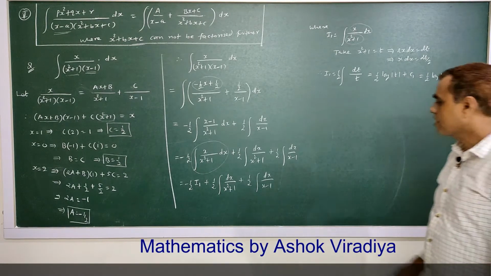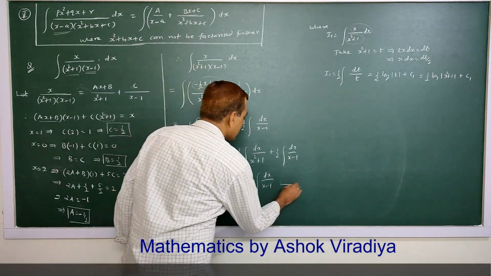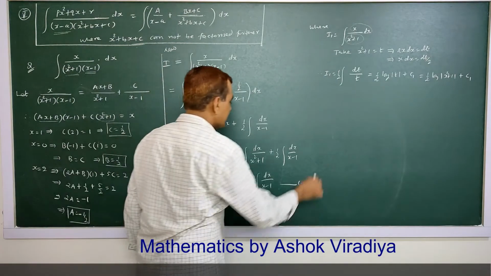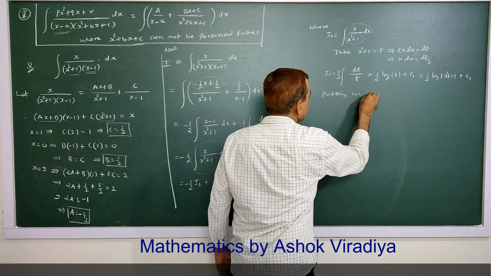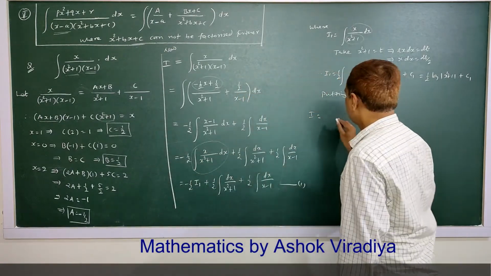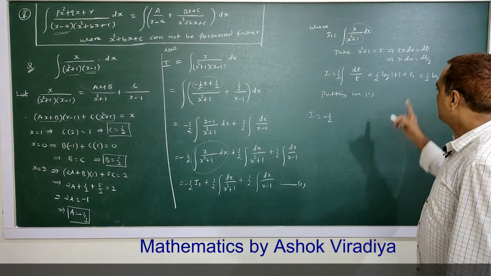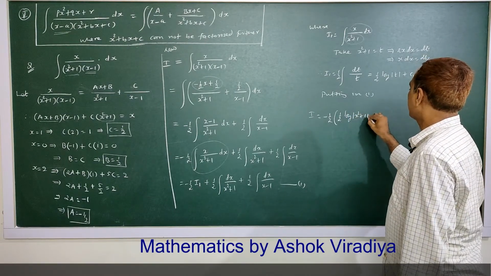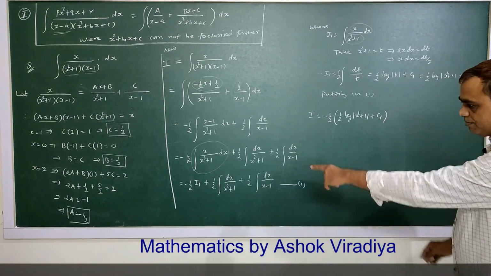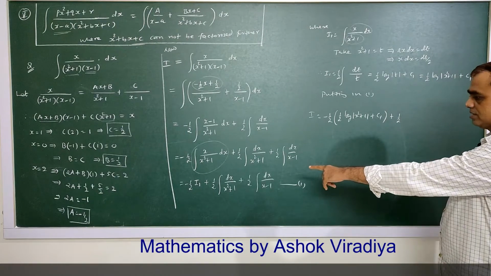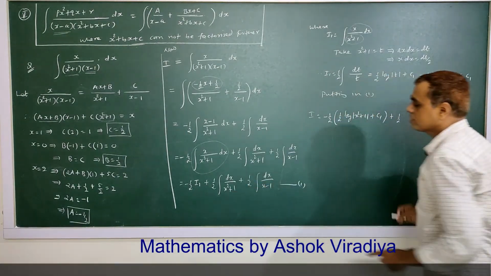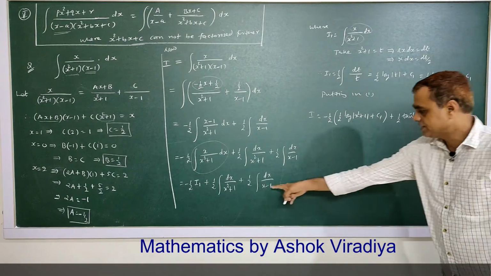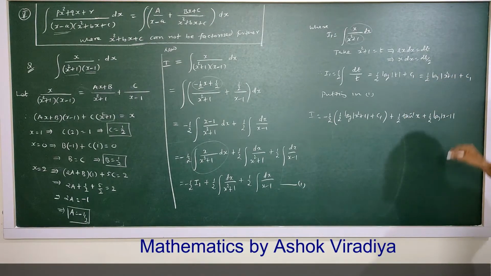So here putting integrals in equation 1, let me say this is I. So I is, putting value in 1, I is equal to minus 1 by 2 times I1, which is 1 by 2 times log of modulus x square plus 1 plus c1, plus 1 by 2 times its integral, which is tan inverse x, plus 1 by 2 times its integral, which is log of modulus x minus 1.